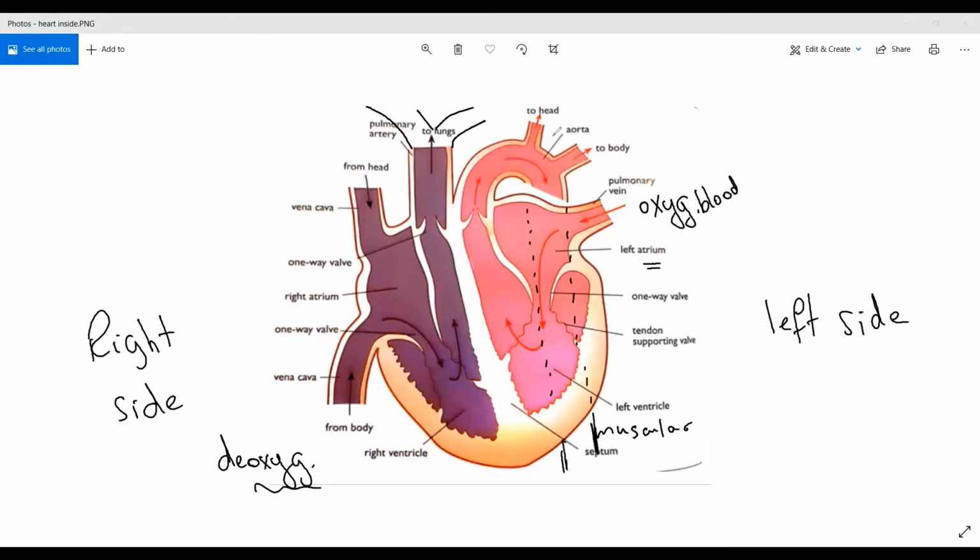But when it just gets out of the heart at its arch, it's going to give a branch here to the upper part of the body, here to the head, and also to the arms. In the picture they said to the head. And this to the body means to the arms or the upper part of the body.